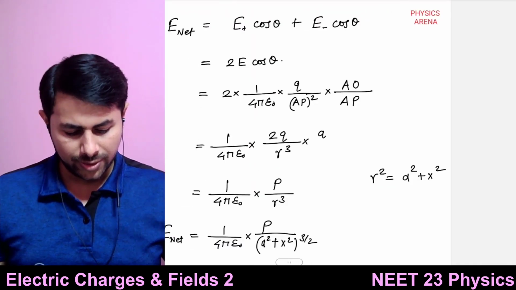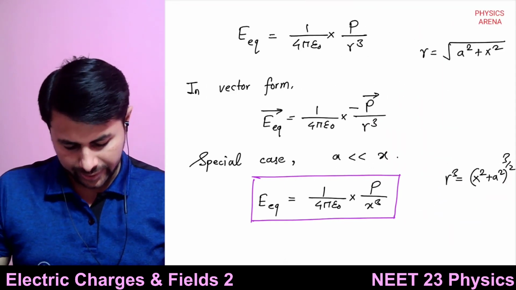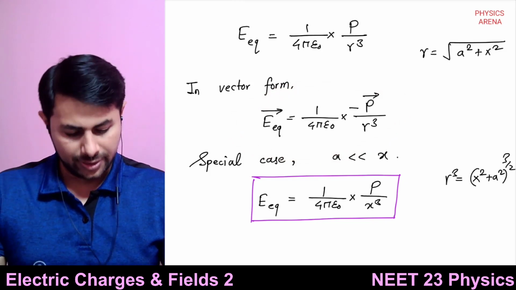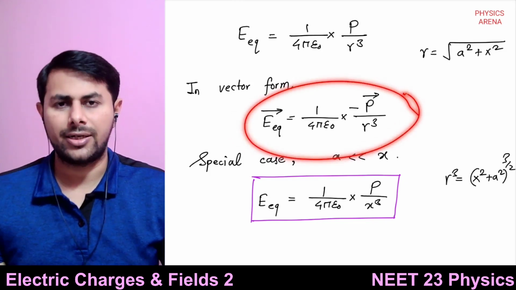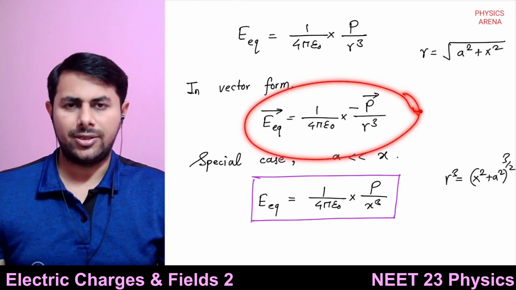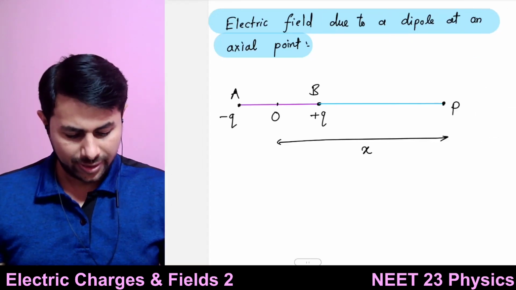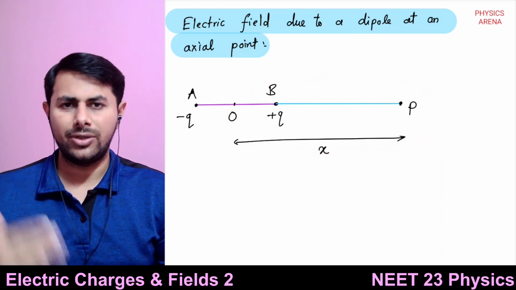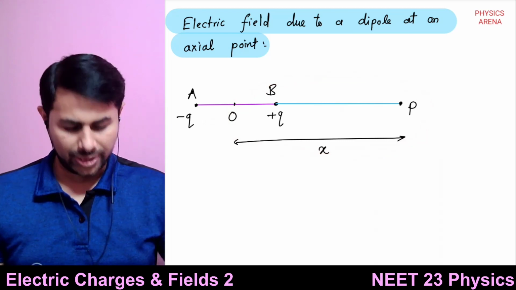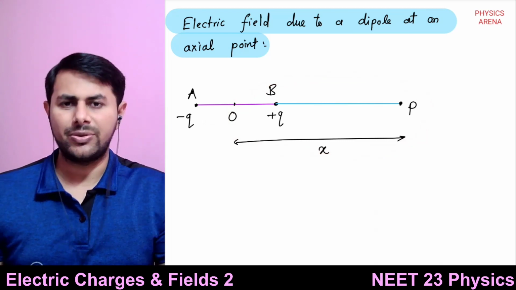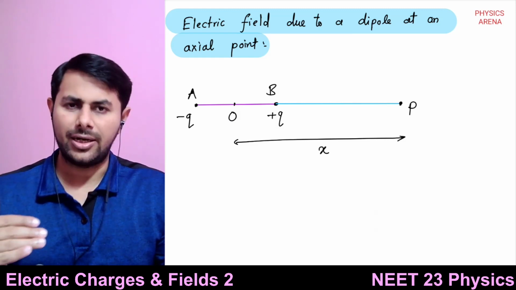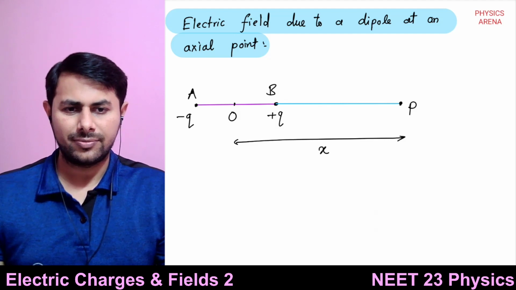That was not the case for the electric field at an equatorial point. There the electric field is directed opposite to the electric dipole moment, and here it will be directed in the direction of the electric dipole moment. So that is one difference between the electric field of a dipole at an equatorial point and at an axial point.